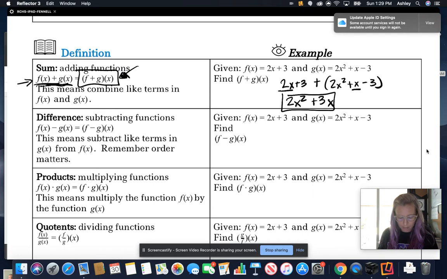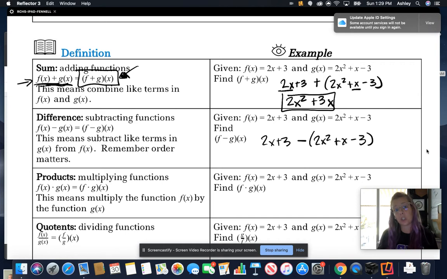Okay, so same with difference. We're just going to take these two and subtract. So f minus g of x, that's how we read that. F minus g of x means we're going to start with our f of x function, 2x plus 3, and we're going to subtract all of our g of x function, 2x squared plus x minus 3.